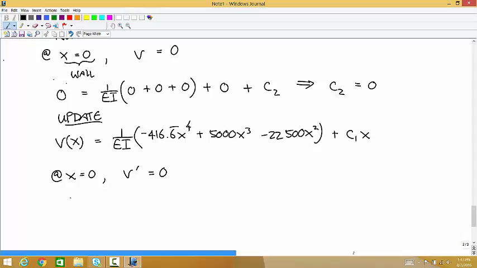So we have that 0 is equal to 1 over EI times the quantity: this will be 0 because x is 0, these two will be 0, and then plus C1.